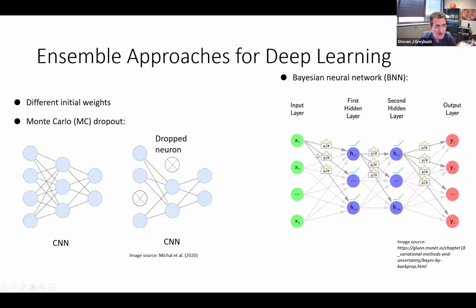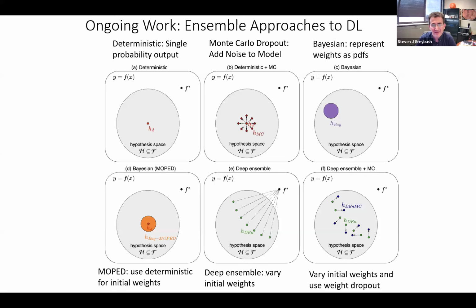And so some ongoing work that we're looking at is how well each of these different types of machine learning networks quantify uncertainty. So this is a different way to look at those different algorithms. First, our deterministic is kind of imagining in your hypothesis space, we have a single forecast, this red dot in the center.